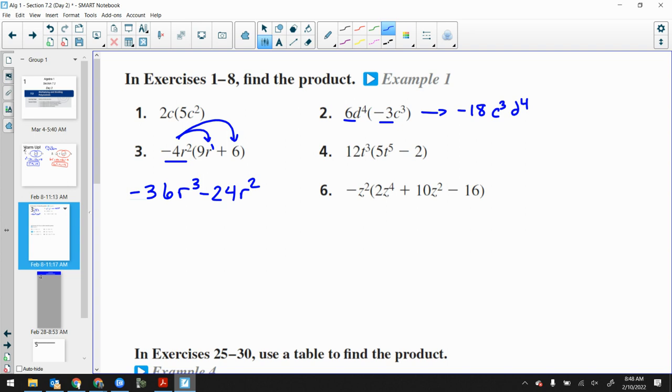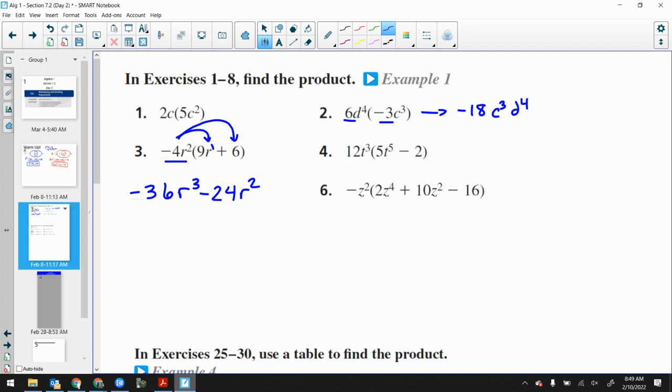Somebody said to me earlier today, well, wait, that's not standard form. That's not the right answer. You guys remember, standard form is when I have multiple terms going on. There's only one term there, so you can put it in any order you want, because it's a monomial. So therefore, I could have said negative 18, d to the 4th, c to the 3rd, just as well.